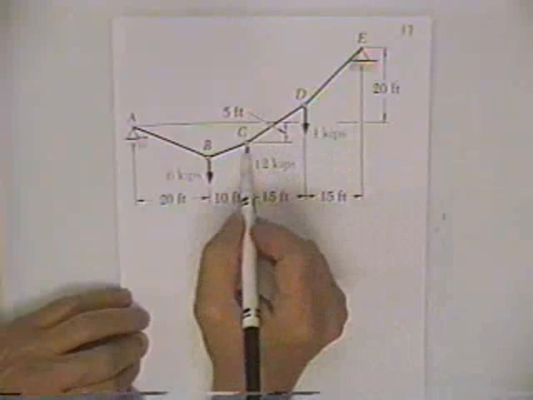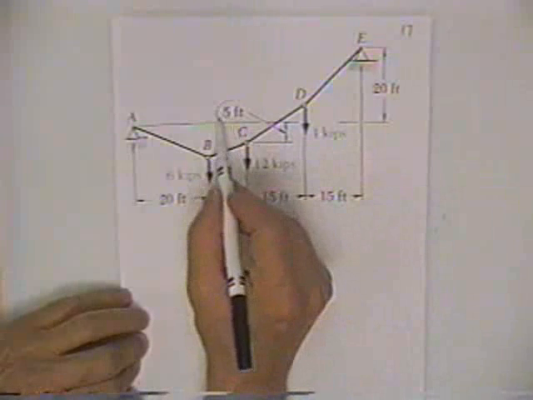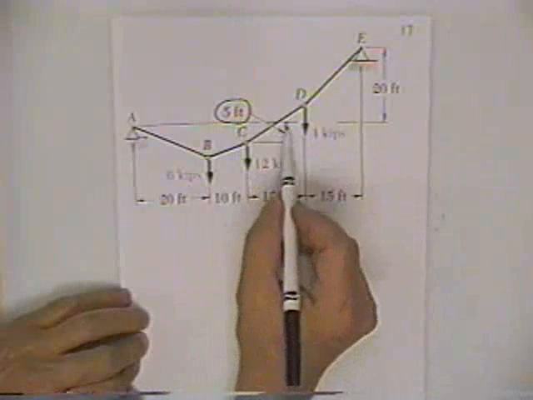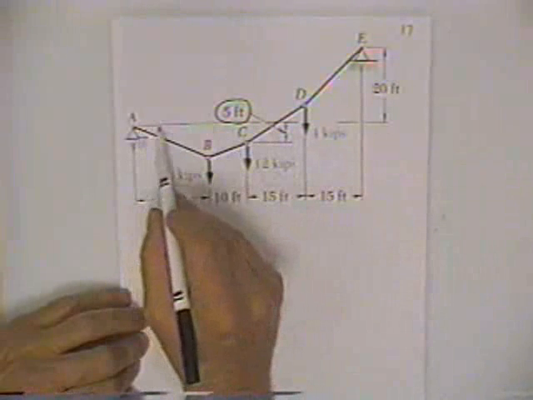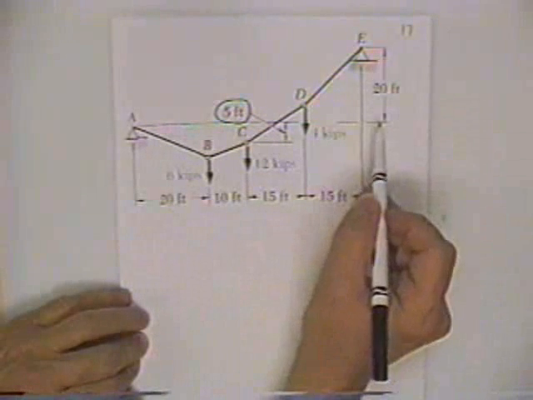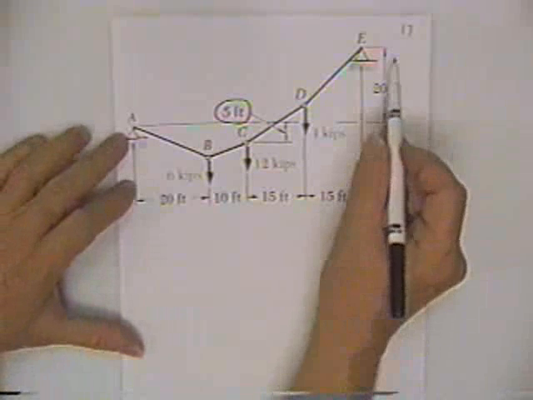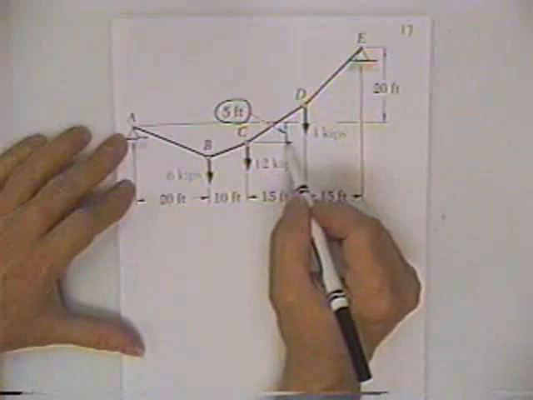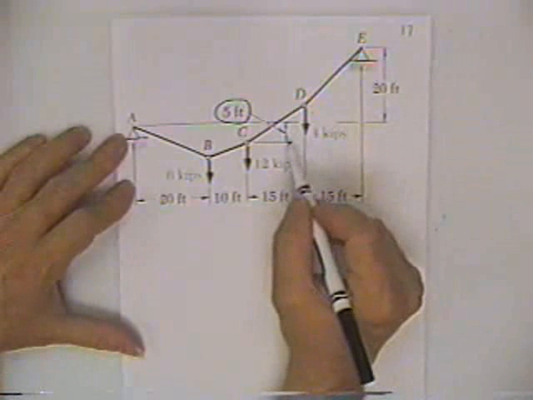So you will have to be given one of these elevations. You'll have to be able to know how far it is with reference to A and with reference to E. They'll also have to tell you how high E is above A. But one of these will have to be known in order to solve the problem, otherwise you can't solve the problem.